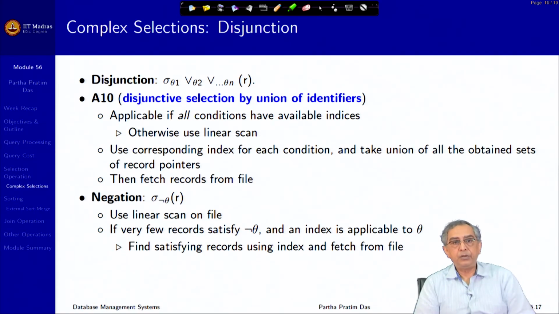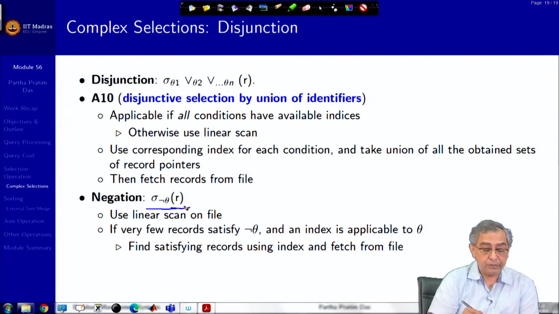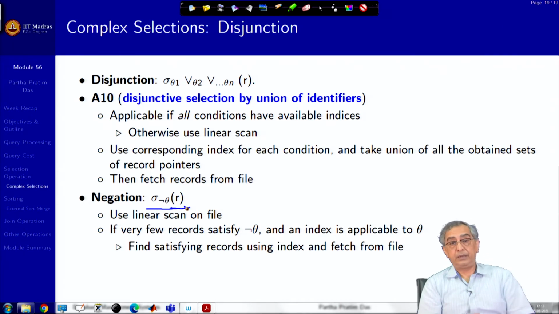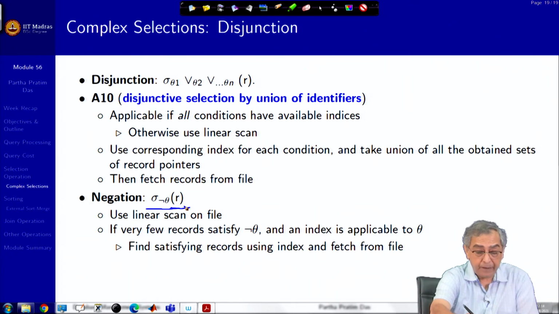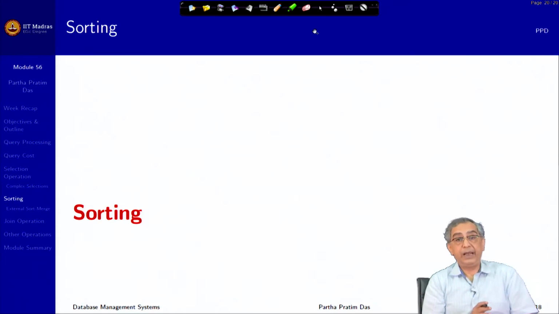So, you have to use the indexes that are available, take the union of the obtained sets and get the result. A similar thing holds for negation. You will have to do a linear scan and get negations. So, these are what you do for selection.